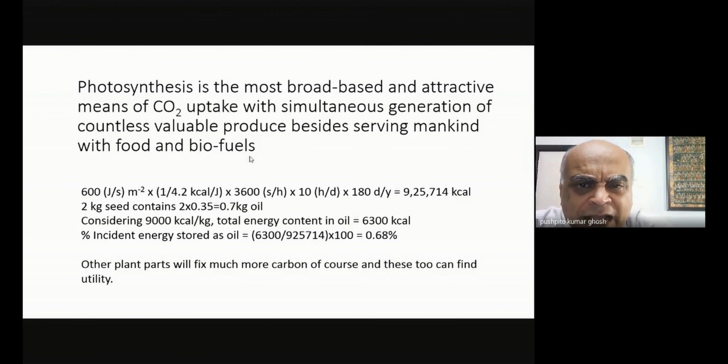So I just thought, let me take a practical example, basically because of the interest in biofuels and things like that, food and stuff.